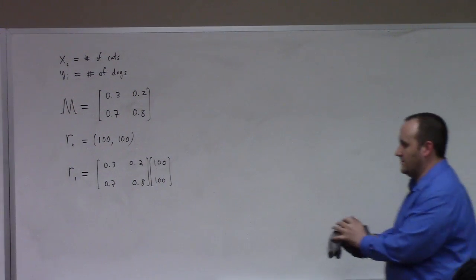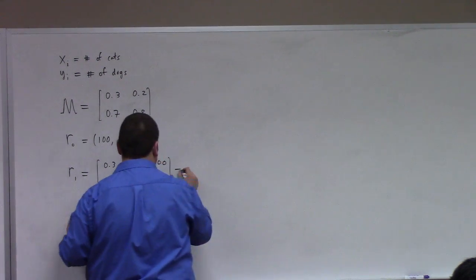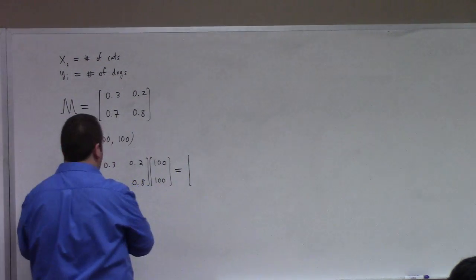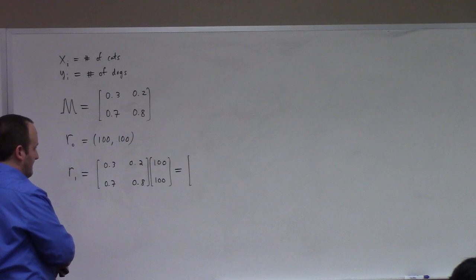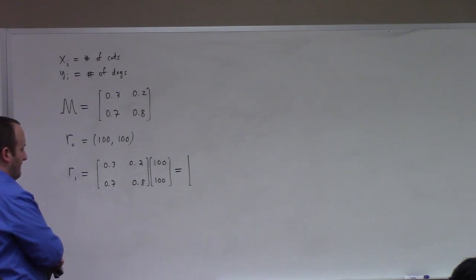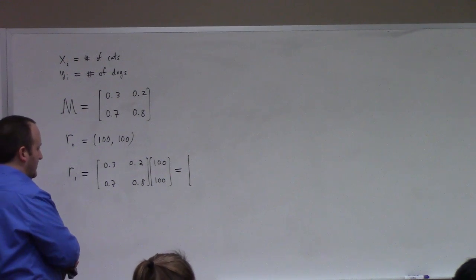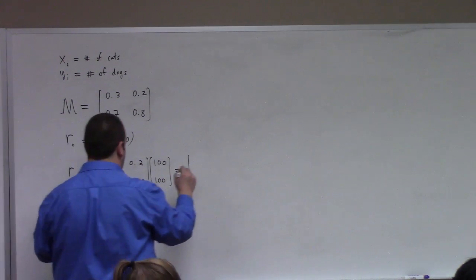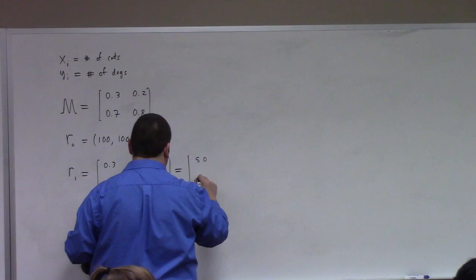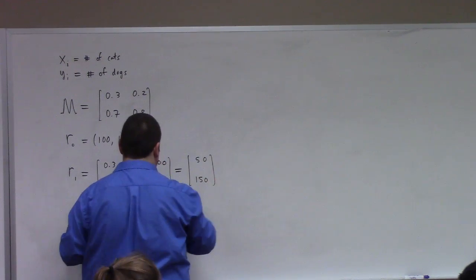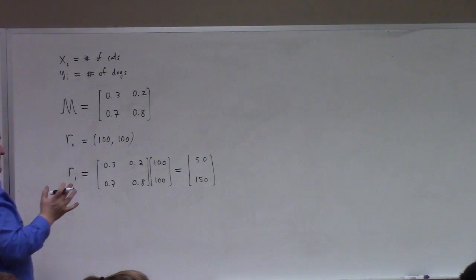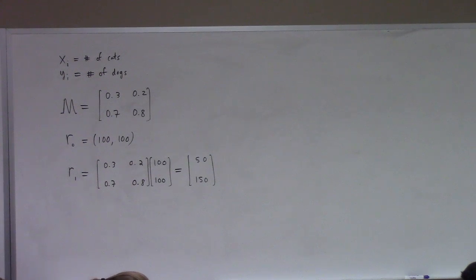All right, so what do we get here? So you got 50 and what? And 150. All right. This would require genetic engineering, my example.